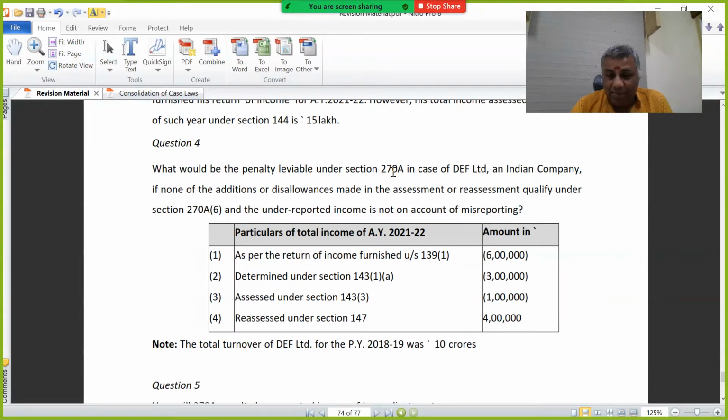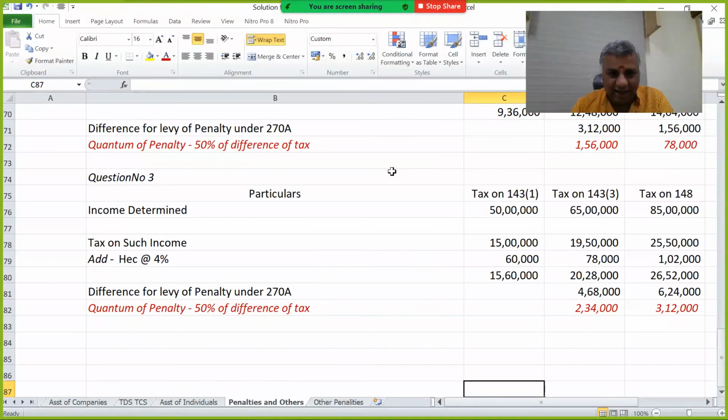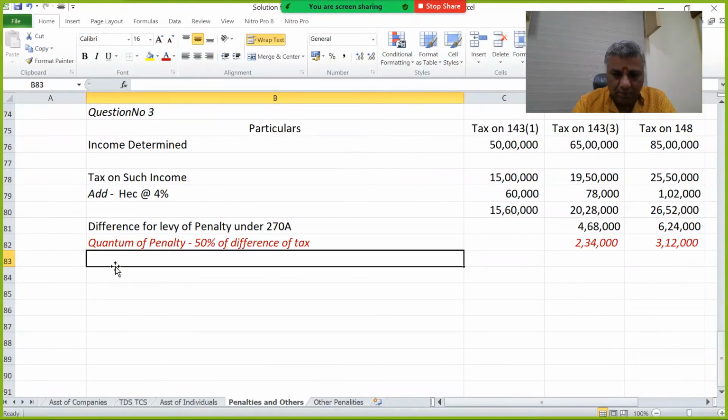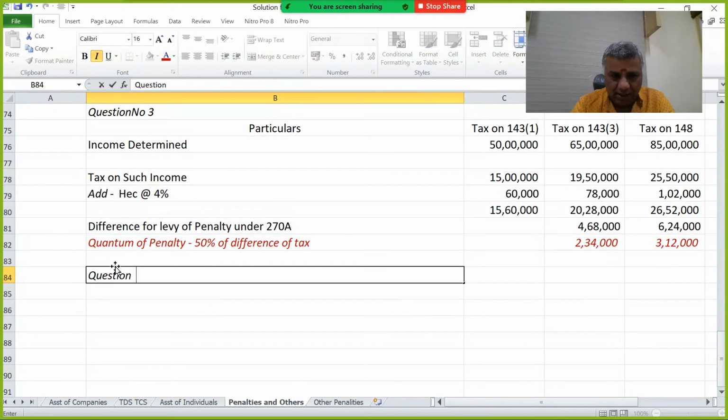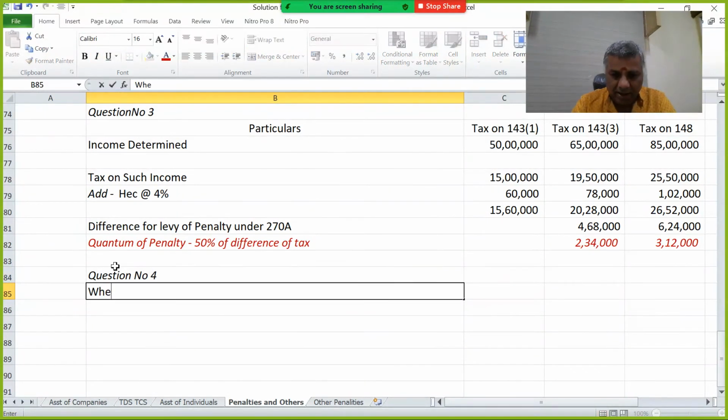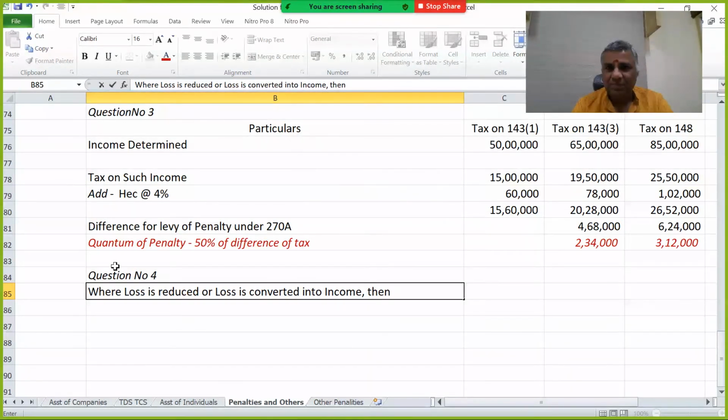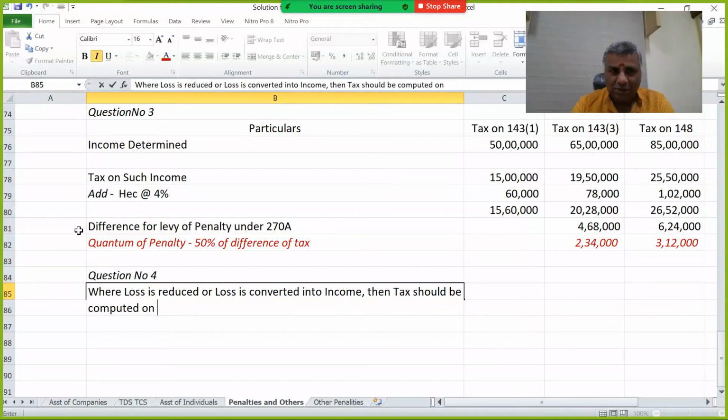This is interesting because what will happen when a loss is reduced or when a loss is converted into profit? Let me write it theoretically first. Before working out the question, where loss is reduced or loss is converted into income, then tax should be computed on what is popularly known as absolute value.